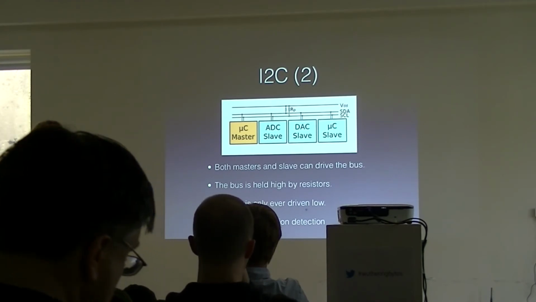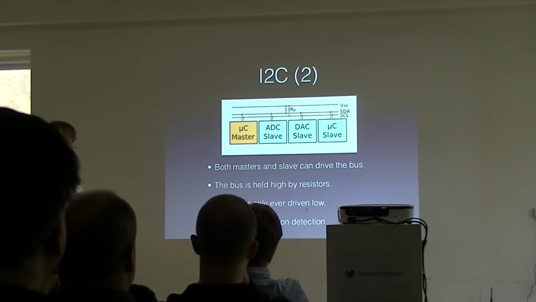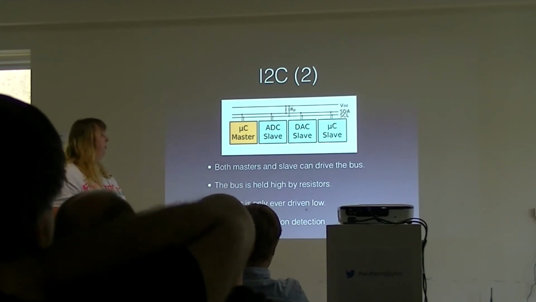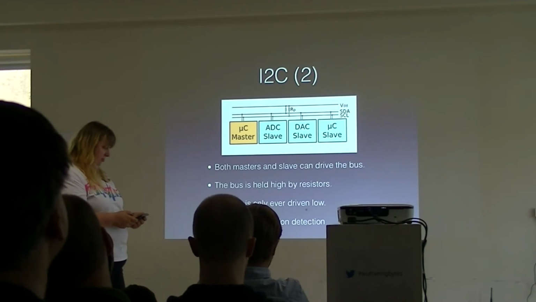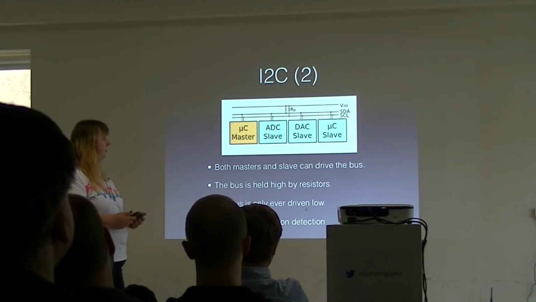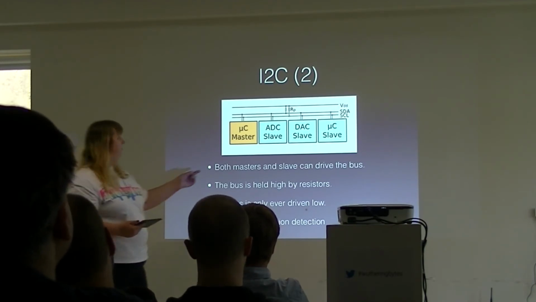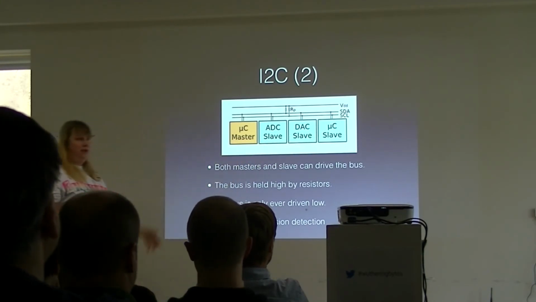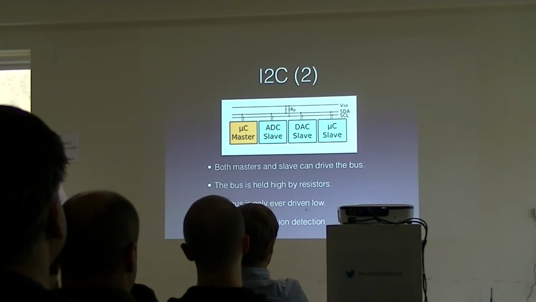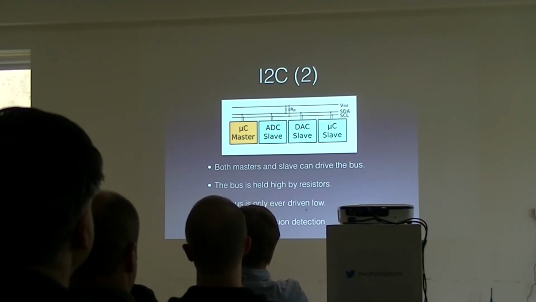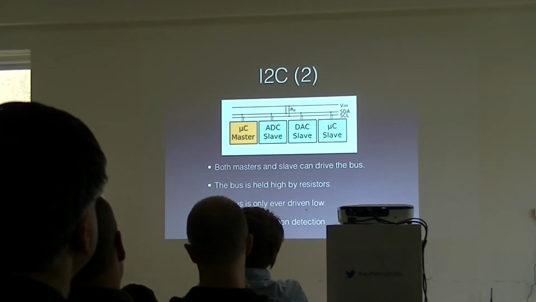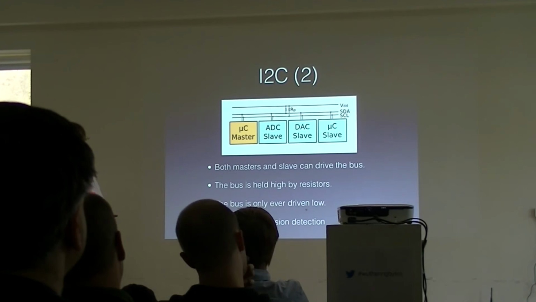On the BeagleBone you need the resistors, on the Pi you don't, because they're already on the Pi board. There's all sorts of magic. For example, what happens if this is writing to that one and then that one's trying to send data to that one, and there's stuff called collision detection and so on. It's all done in the magic of the bits in the I2C controller and the microcontroller. I don't worry about it.